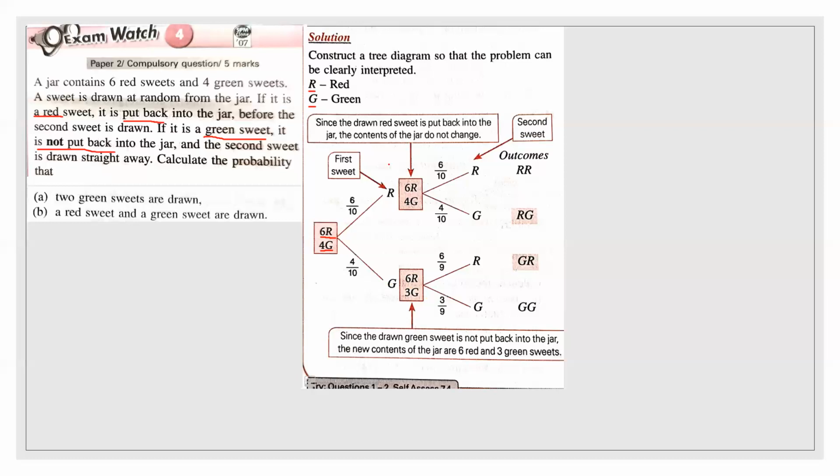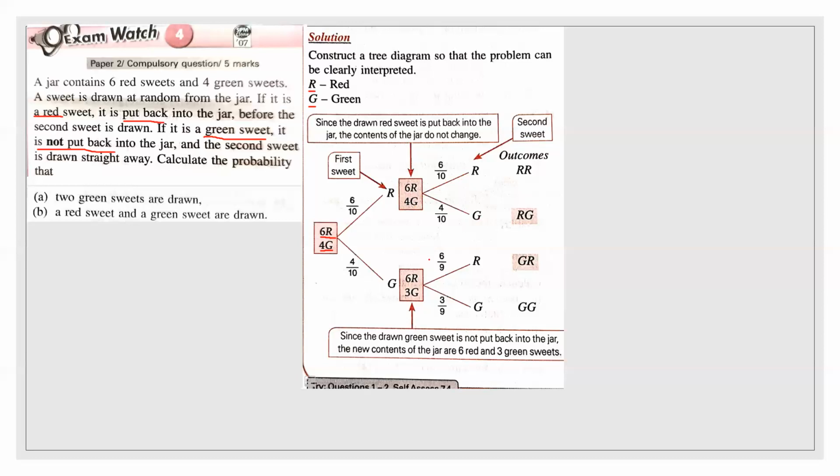Now if we look at red here, if the contents of the jar do not change, the probability is still 6 out of 10 red sweets and 4 out of 10 green sweets. If we take another red, it will be this outcome. If we take another green, it will be this outcome.